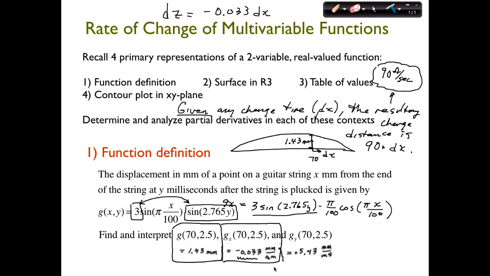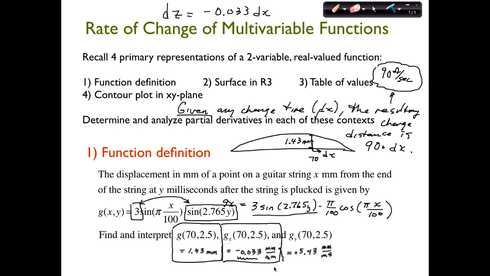So, your change in dz, when you change dy, is going to equal 5.4 times whatever you change in dy. A little bit, right? We're going to increase time a little bit.